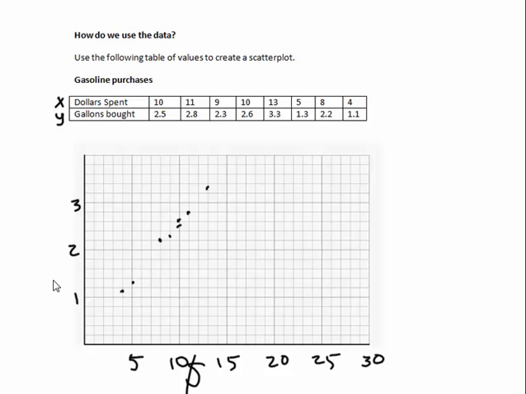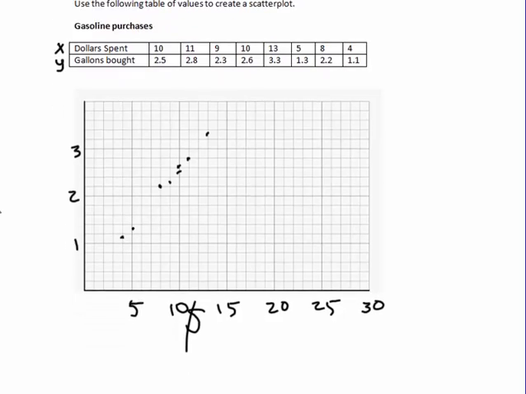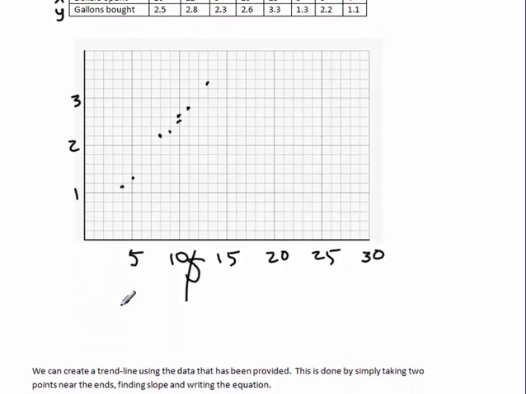All right, so now, if we look down a little bit further, we have some questions that we can answer about this. We can create a trend line using the data that has been provided. So we simply take two of the points, and we're going to use those 2 points to create our trend line.